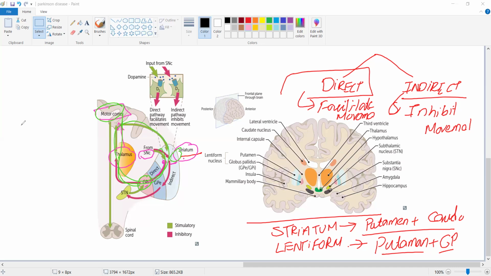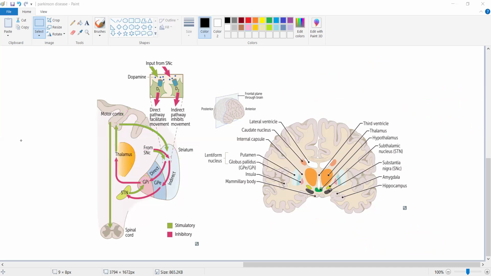Now I'm going to discuss the indirect pathway. So in indirect pathway, what will happen? Again, the input comes from the motor cortex and synapses on the striatum, and this input from the motor cortex releases glutamate, right? So this glutamate causes release of GABA from the striatum, and it will synapse on the globus pallidus externa, right?